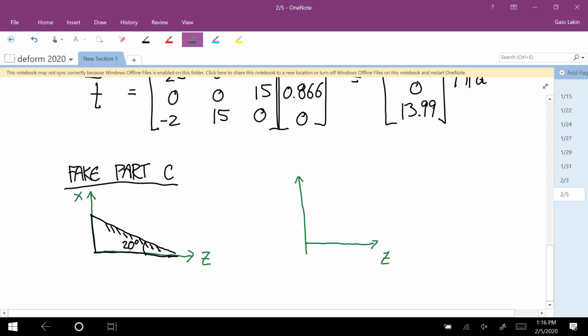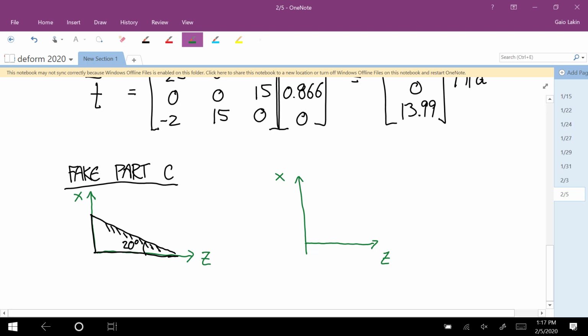So here's the z-axis, here's the x-axis. This is one where using a rotation matrix might not be a terrible idea, but let's not do that.